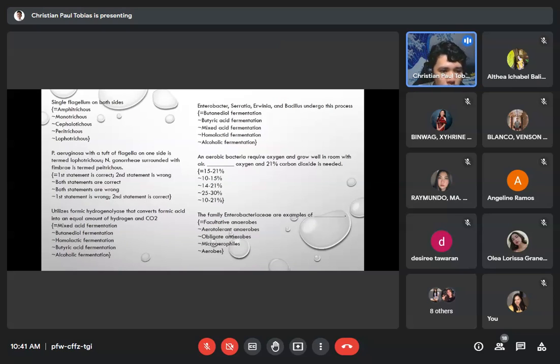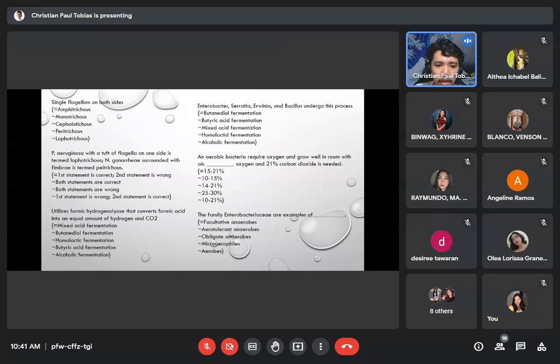Okay, utilizes formic hydrogenlyase that converts formic acid into an equal amount of hydrogen and carbon dioxide. Your mixed acid fermentation. Pag sinabi natin butanediol fermentation, di ba? From pyruvate to acetoin. Okay, yung mga bacteria, the next question, are Enterobacter, Serratia, Erwinia, Bacillus.